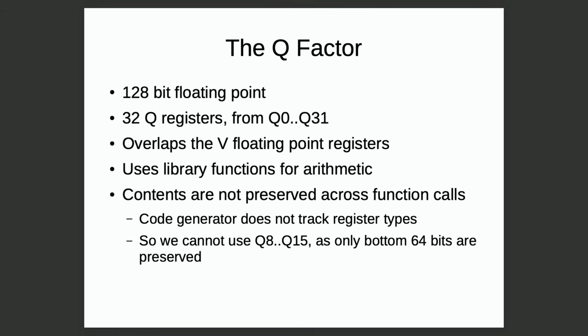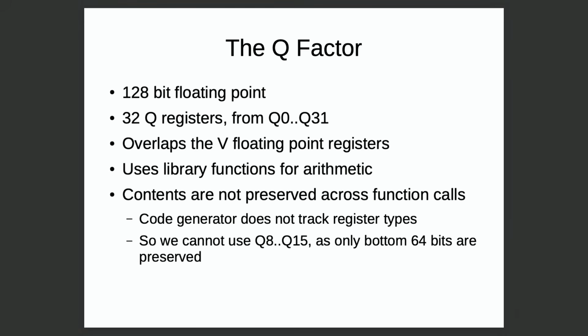Then there's a Q factor. Remember I said the 128-bit floating point registers. Well, they actually do overlap with the general purpose floating point registers. So now I'm stuck. For the calling convention, only the bottom 64 bits of the floating point registers are saved, and the top is not.